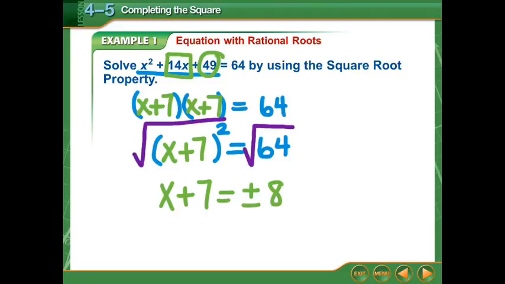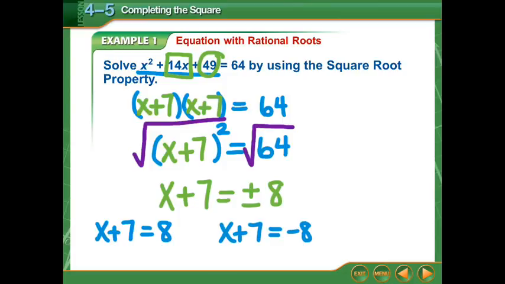So now what we're going to do is we're going to solve two equations. I want to solve x plus 7 is equal to positive 8, and I want to solve x plus 7 is equal to negative 8. We're going to get two numbers, and then those two numbers will be our solutions for this problem.